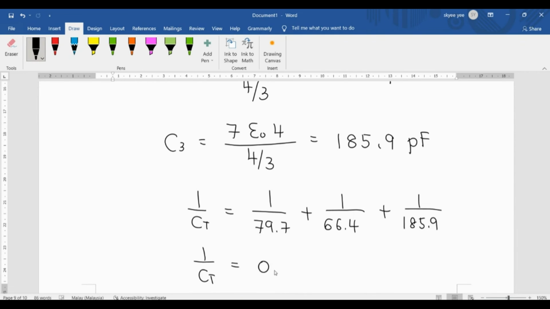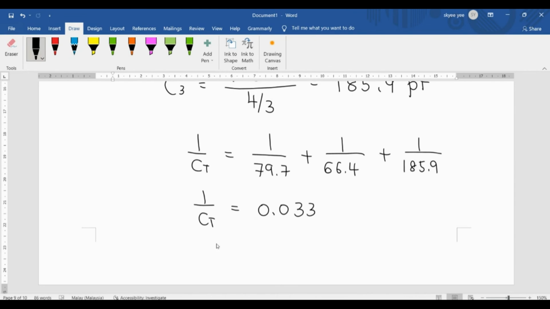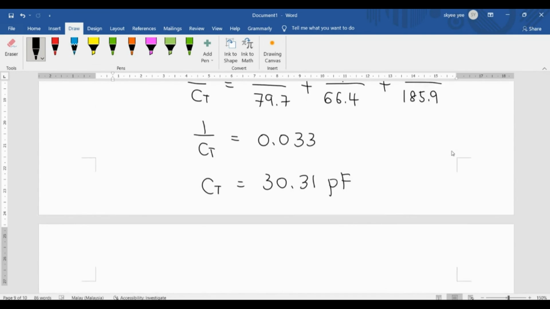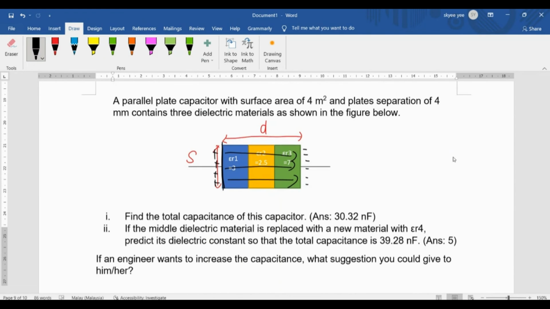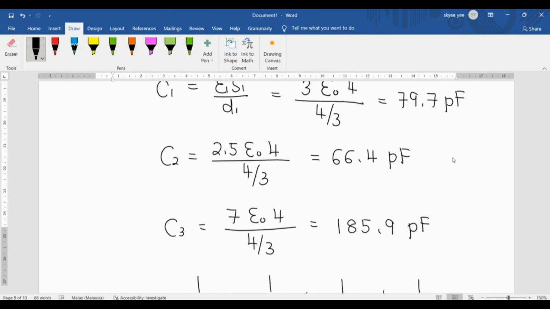So this is 0.033, and this CT is equal to 30 point something. Is it correct? Oh, 4 milli. I'm sorry, here should be 4 milli.